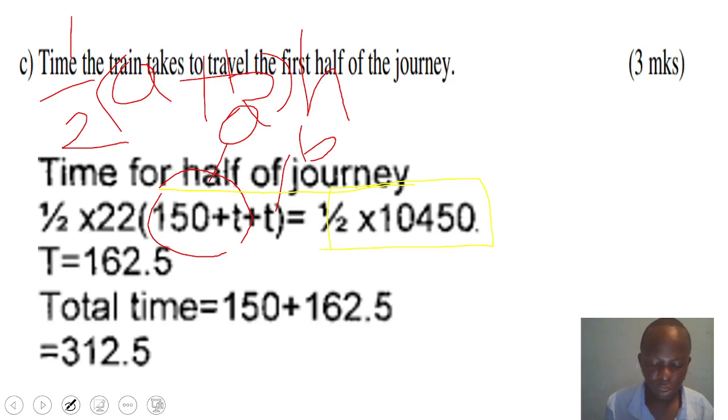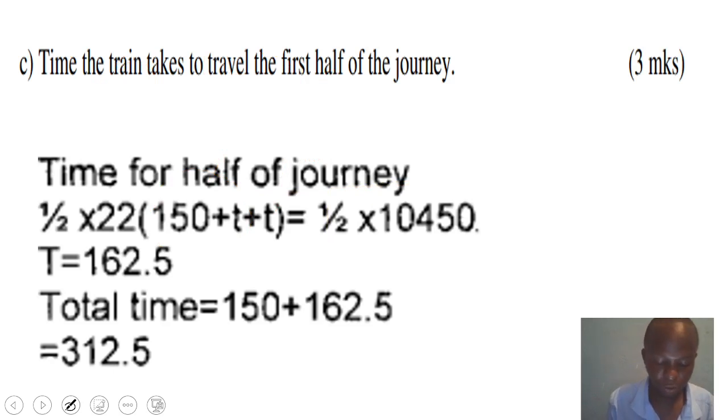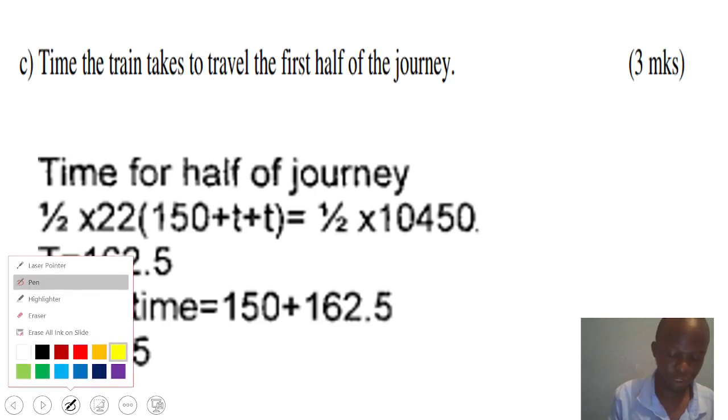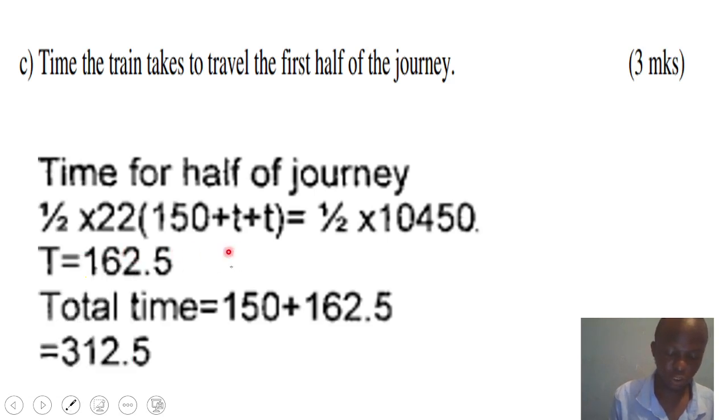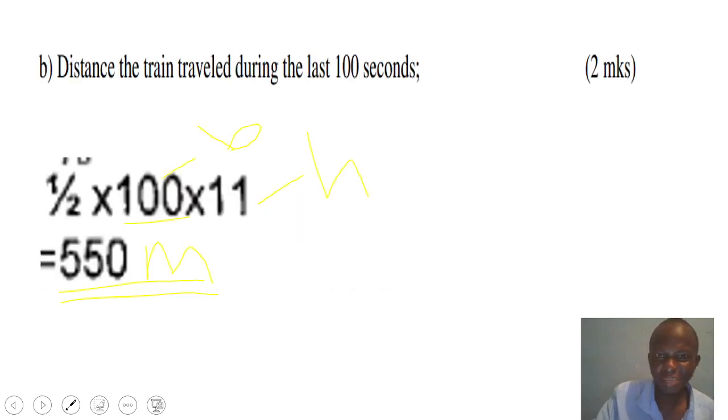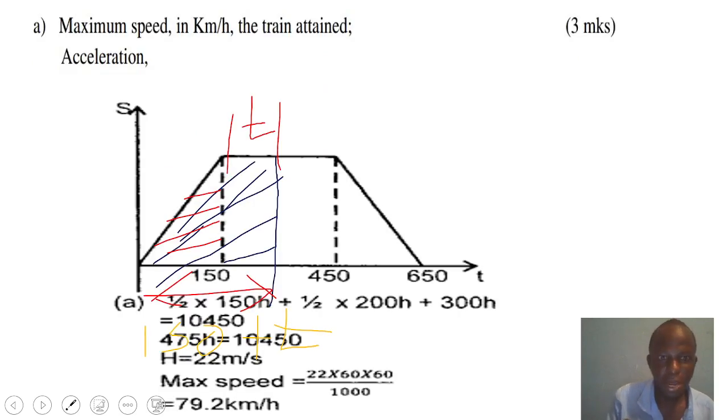Now after doing all that particular manipulation, we find out that the value of t is 162.5 seconds. But what is the total time? Let us go back to the diagram. We are asked the total time. This is the time from here up to here.